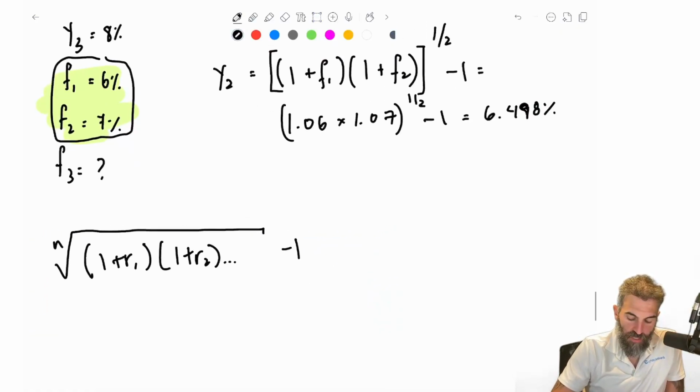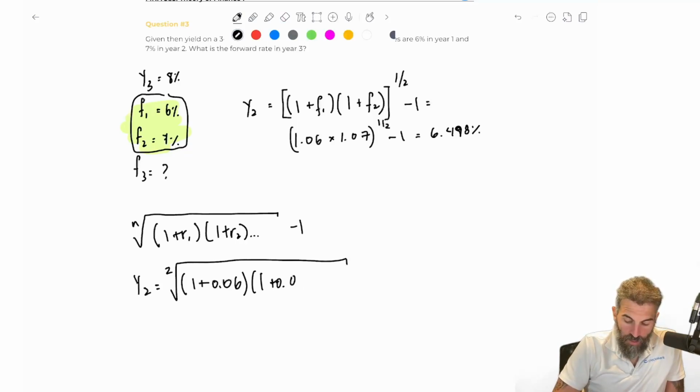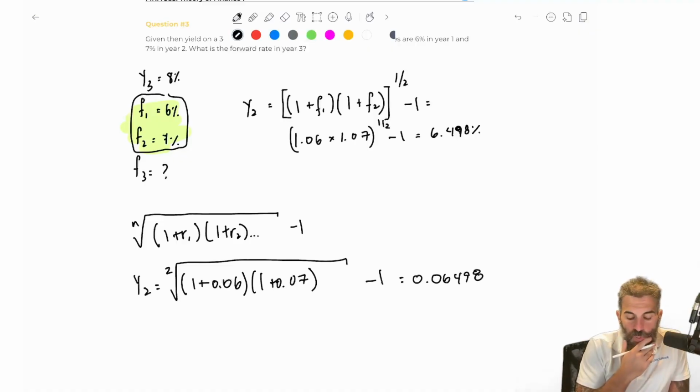Basically, Y2 would be, with n equal to 2, the square root of (1 plus the first return) times (1 plus the second return), minus 1, and you would get the exact same thing, 0.0648498. So find your yield for a 2-year bond, and then you can use the formula we just did.